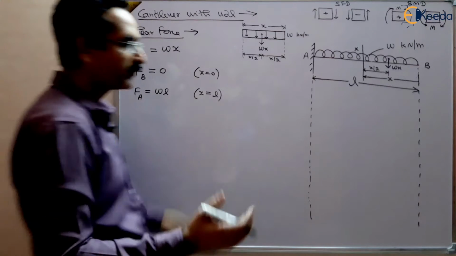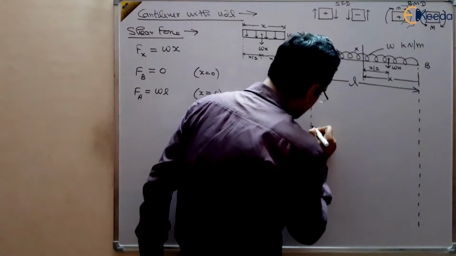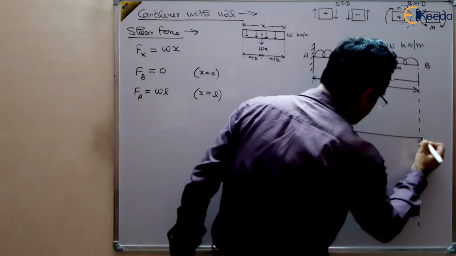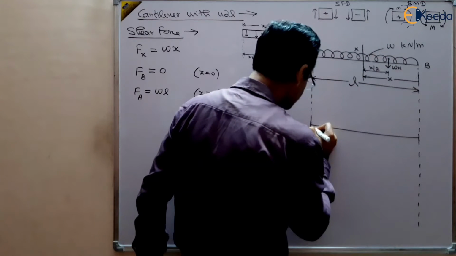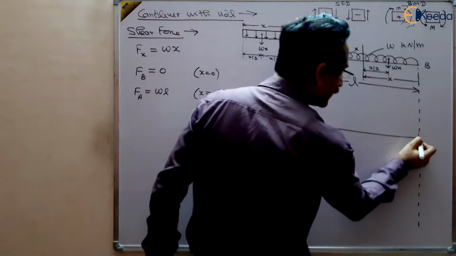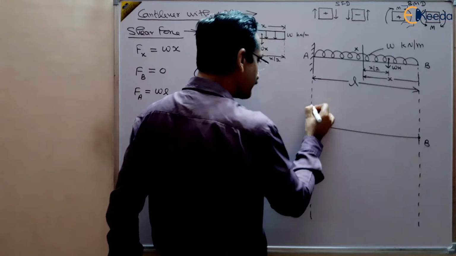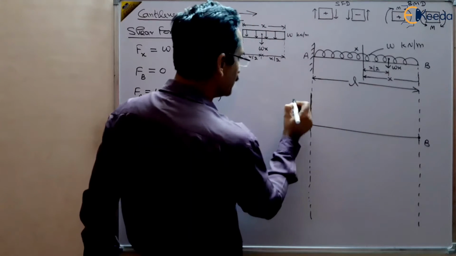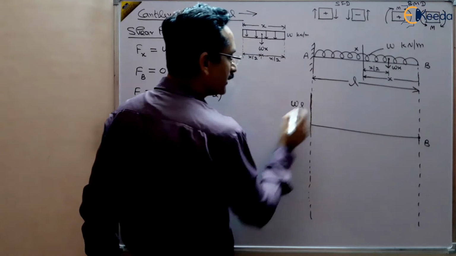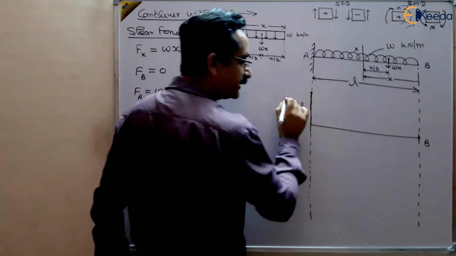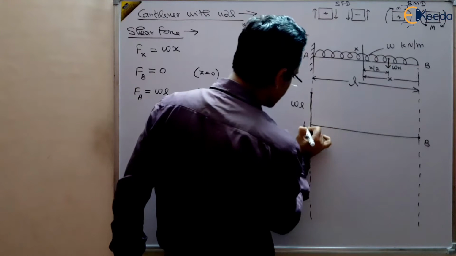Now it can be drawn very easily. You can draw like this. It is 0 at the B end, and at the A end it is WL, and it varies linearly from A to B. This is our A point.